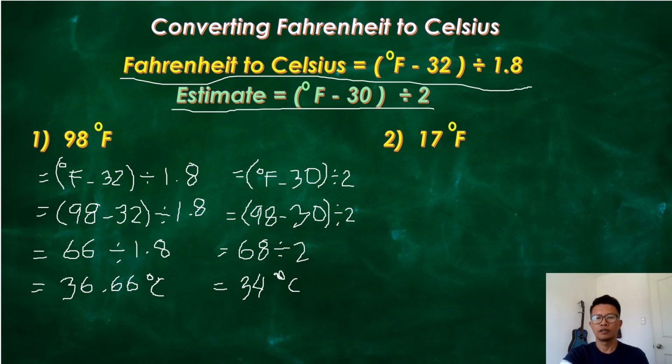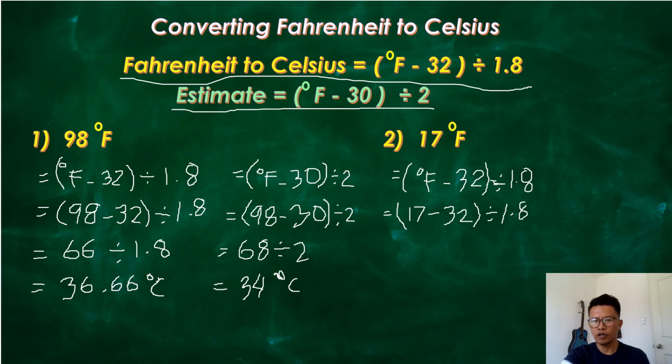So we have 17 degree Fahrenheit into Celsius. Okay, we have degree Fahrenheit minus 32 divided by 1.8. So that is equal to 17 minus 32 divided by 1.8.